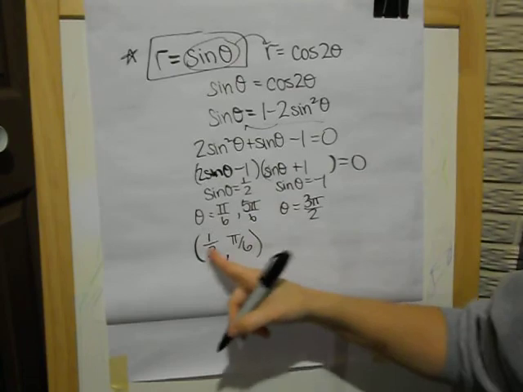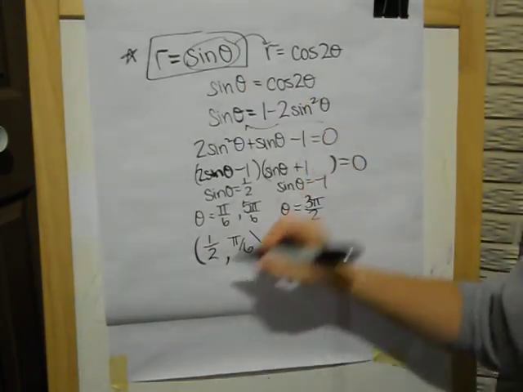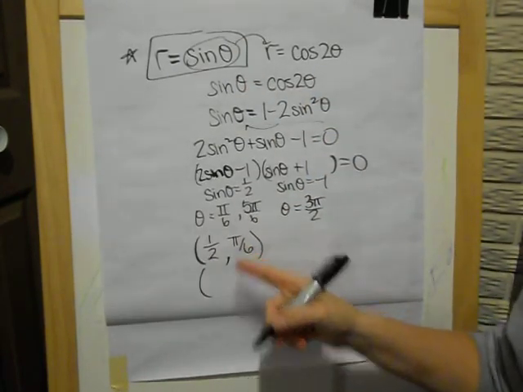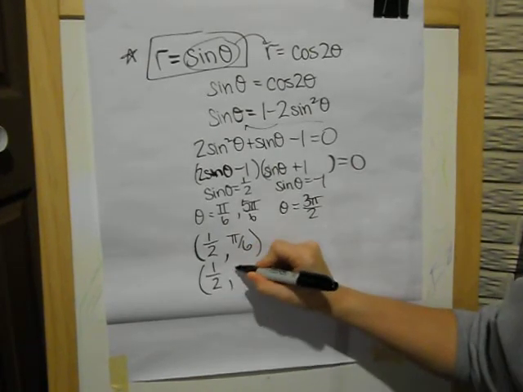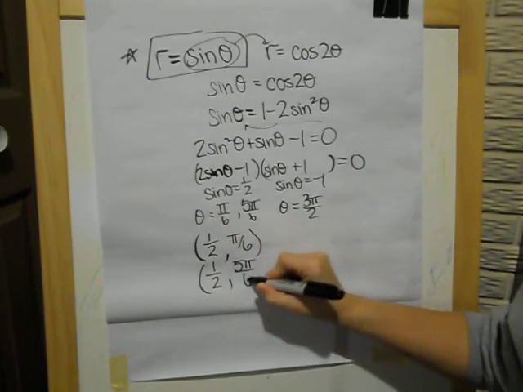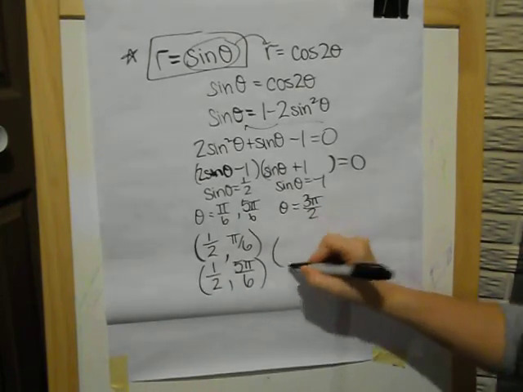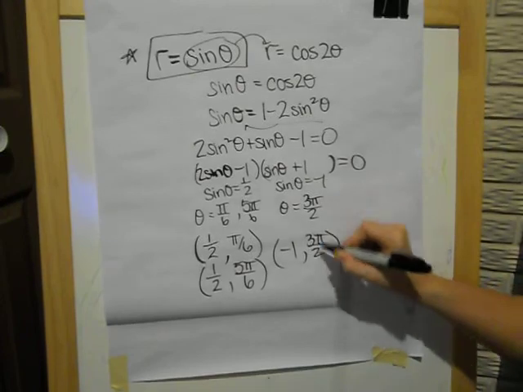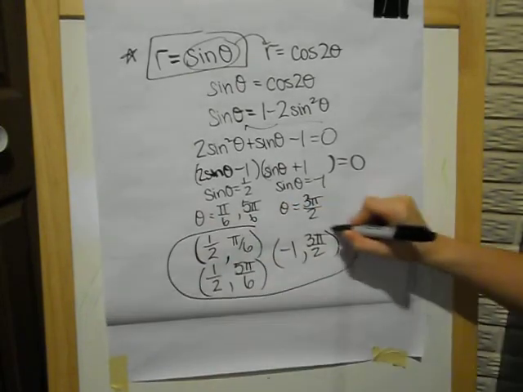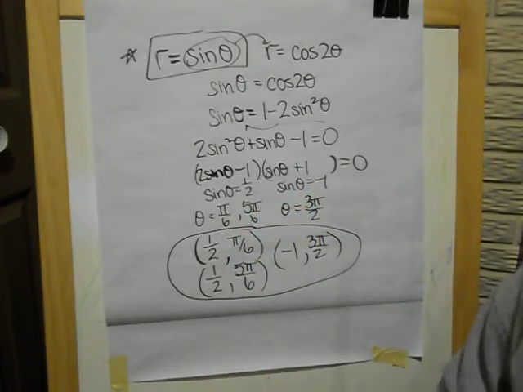So that's one place where these two equations intersect, and I should be able to see that from the graph. Another place where they intersect would be at 1/2 and 5 pi over 6. And then this spot would be -1, 3 pi over 2. Hopefully when I graph that on the calculator, it would confirm that.